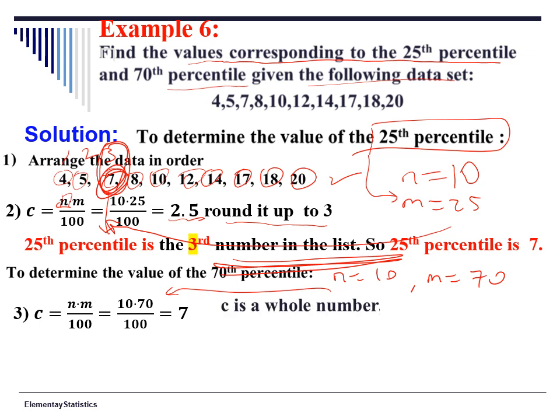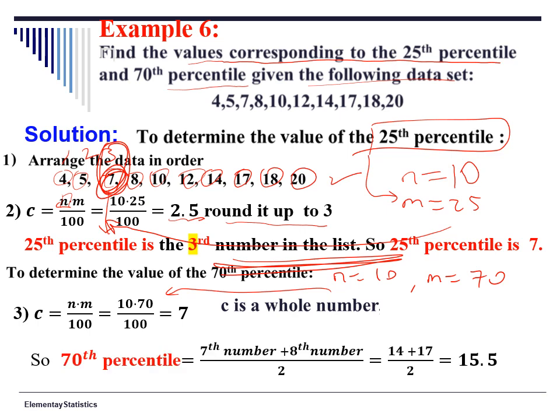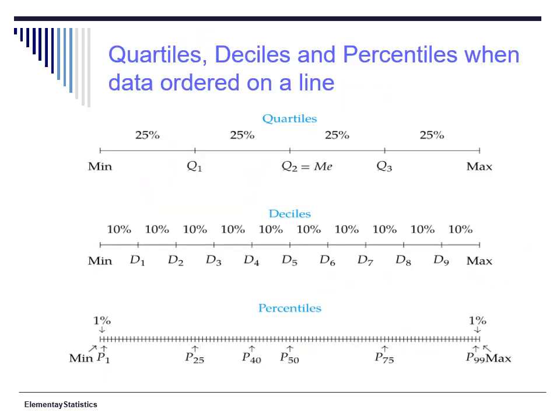If it's a whole number, then the 70th percentile will be the 7th number plus the 8th number, divided by 2. You check here 1, 2, 3, 4, 5, 6, 7, and 8. The 7th and 8th numbers are 14 and 17. We add them, divide by 2, and we get 15.5. So the 70th percentile is equal to 15.5.